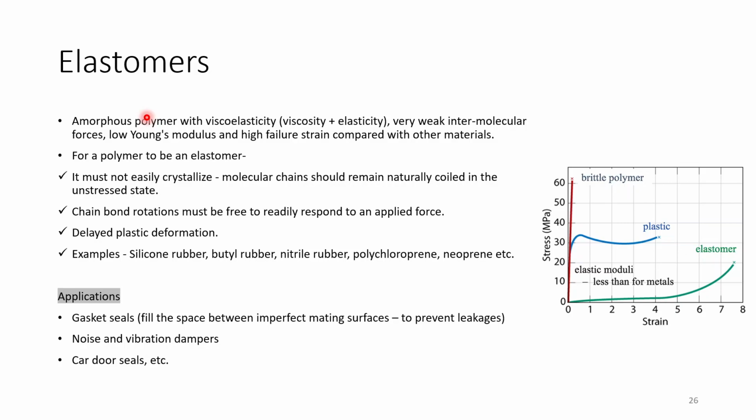Examples include silicone rubber, butyl rubber, nitrile rubber, polychloroprene, neoprene, etc. Some of the applications include gasket seals, noise and vibration dampers, car door seals, etc.